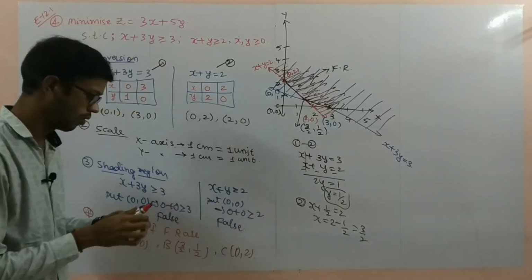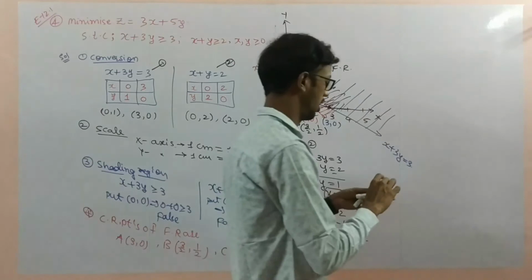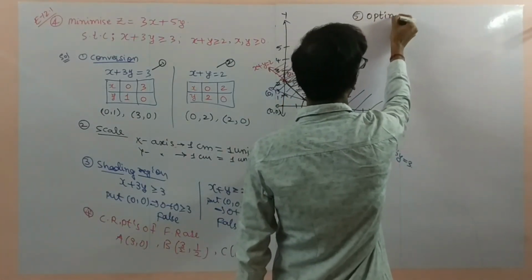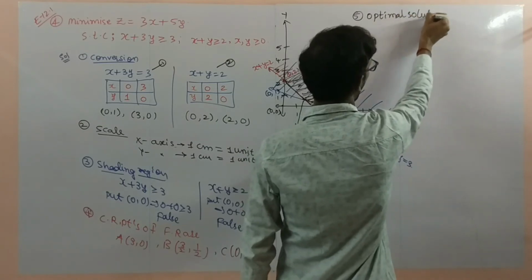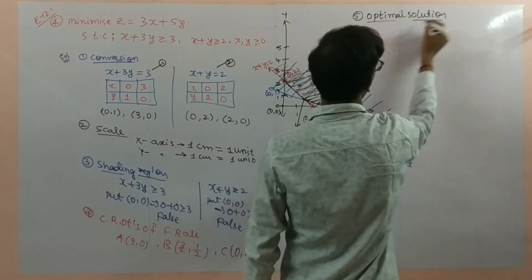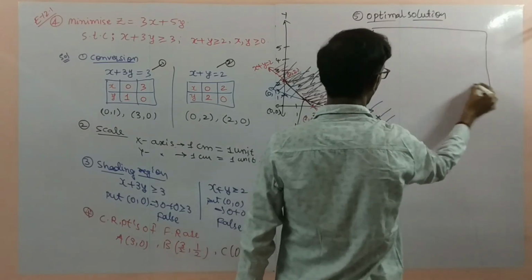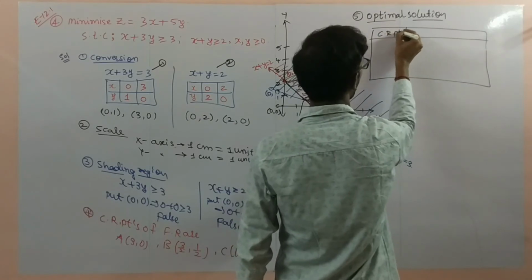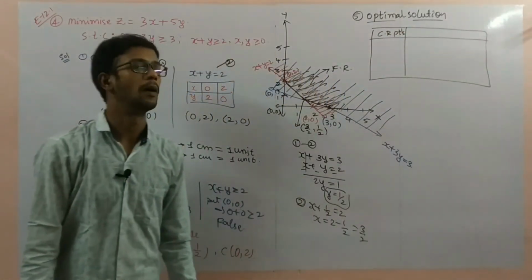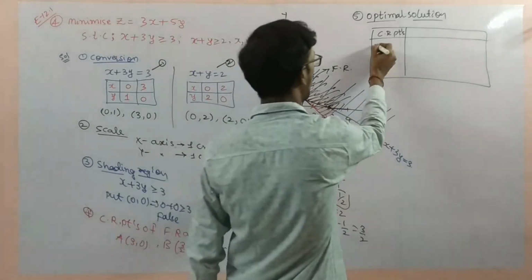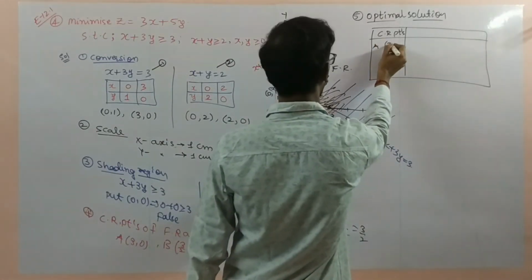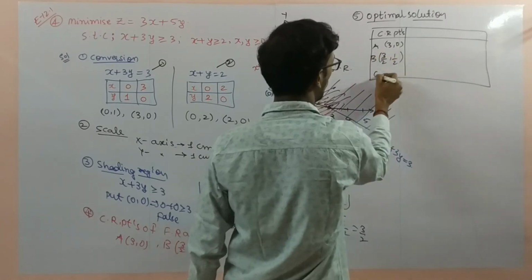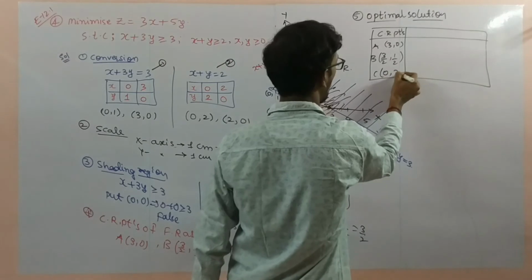So next you have to find the optimal solution. Fifth point, optimal solution. Draw the box. Corner points: first point is 3, 0; second point is 3 by 2, 1 by 2; third point is 0, 2.